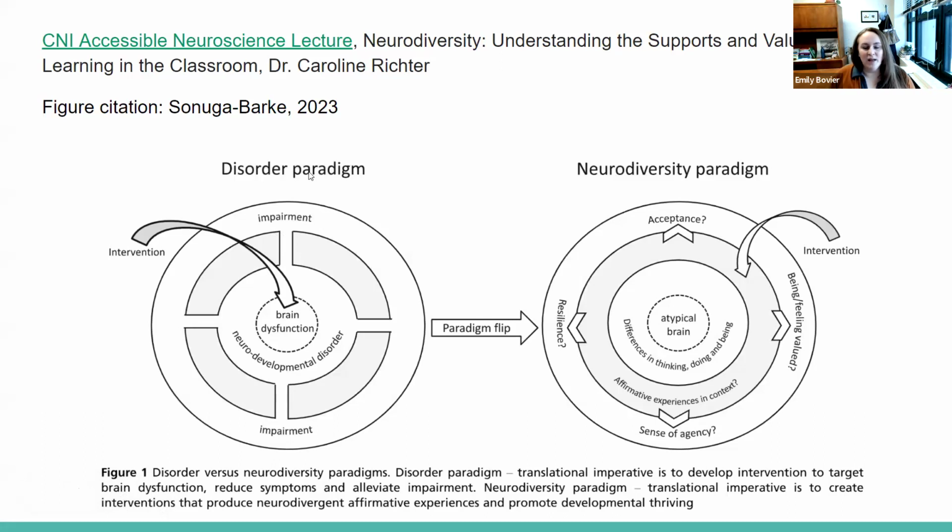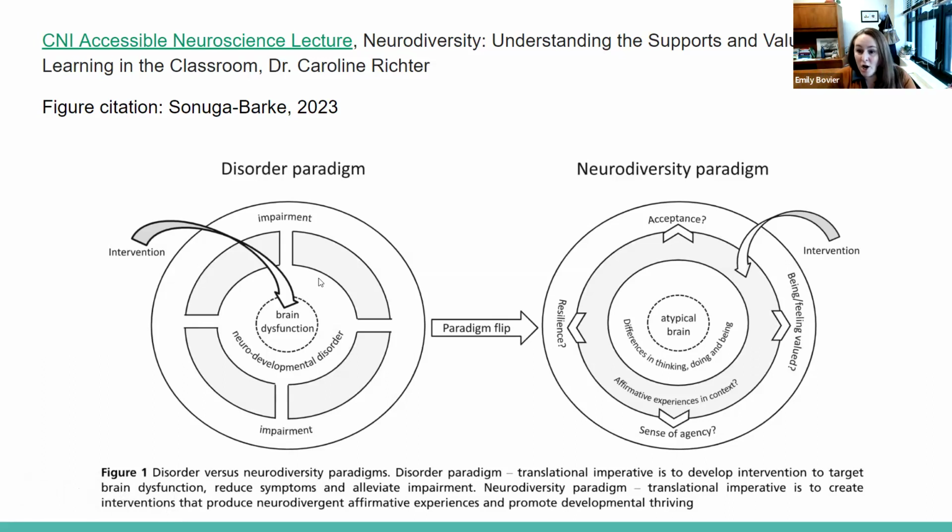If you think of something like autism from a disorder paradigm, it views autism as a brain dysfunction, right? With interventions that are targeted specifically on either the direct brain dysfunction itself or some of the behaviors that result from that quote unquote brain dysfunction.